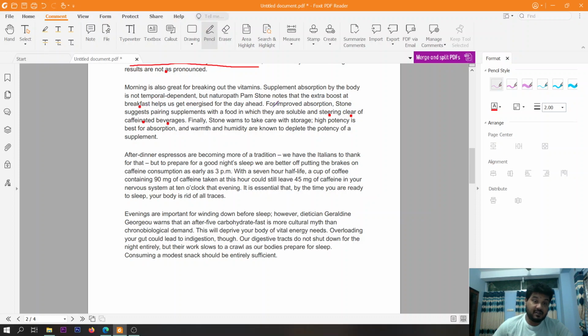Finally, Stone wants us to take care of storage. High potency is best for absorption, and warmth and humidity are known to deplete the potency of a supplement.